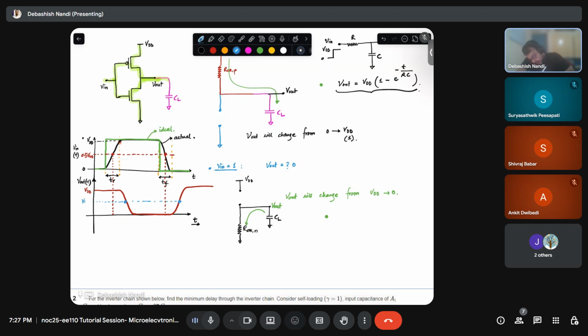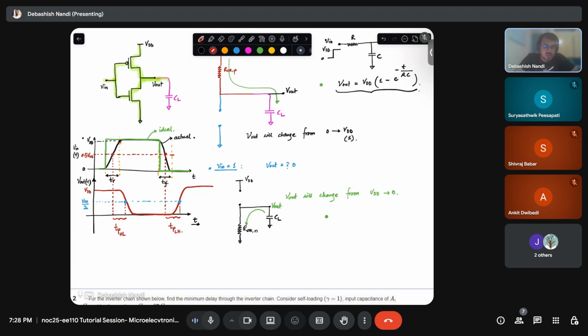So this is your VDD by 2, and this time is basically the delay which should not have been present in the circuit, but this is the artifact of the physical world and we'll get this delay. So this delay is called TPHL and this delay is called TPLH.